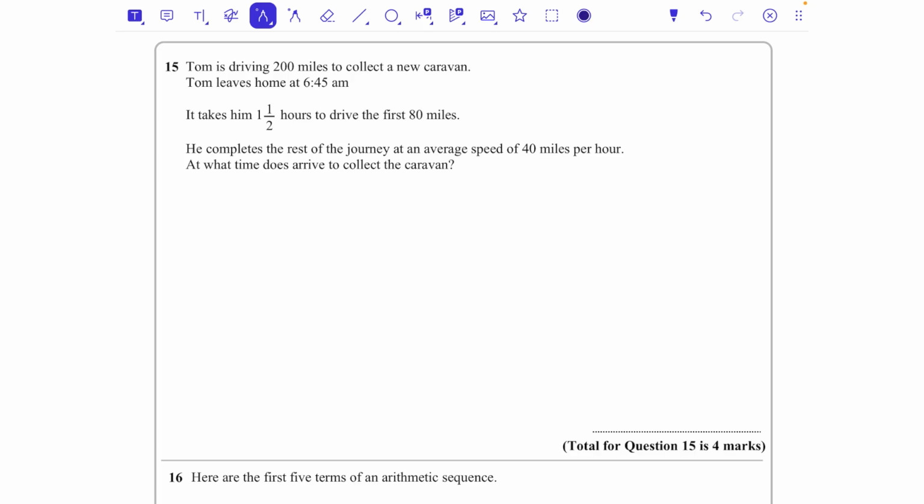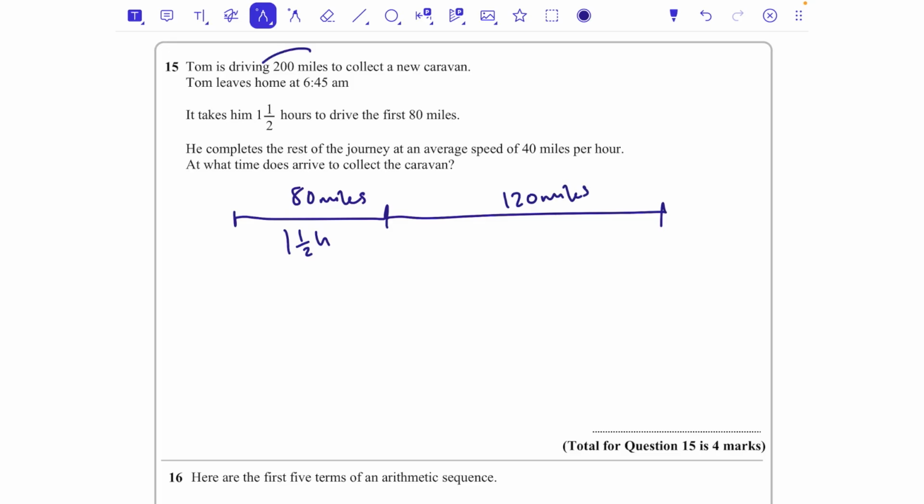So he's driving 200 miles in total. It takes him an hour and a half to drive the first 80 miles. Okay, so an hour and a half, 1.5 hours, and he's driven 80 miles. So he's still got 120 miles to go, because we know that in total he's going 200, and 200 take away 80 leaves me with 120, and he's doing this part of the journey at 40 miles per hour.